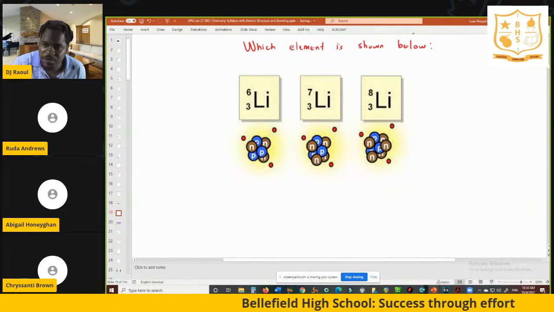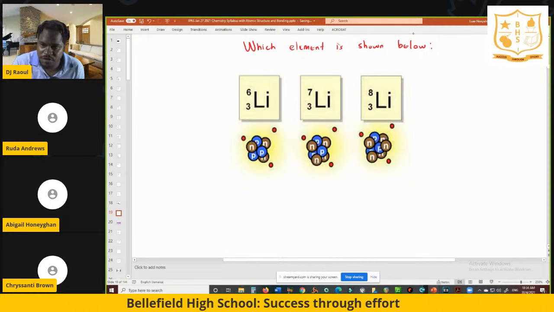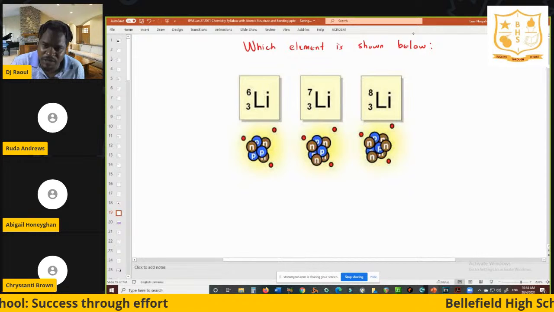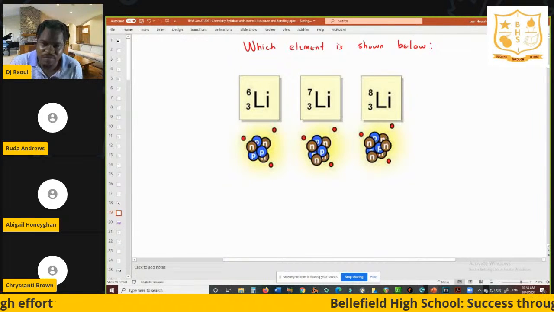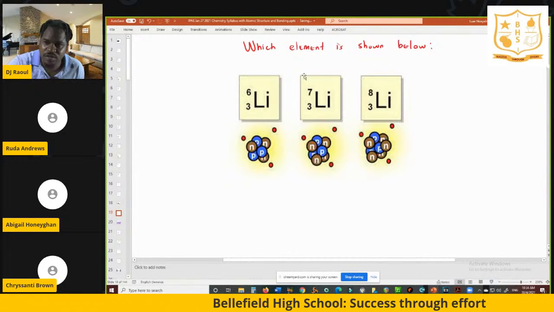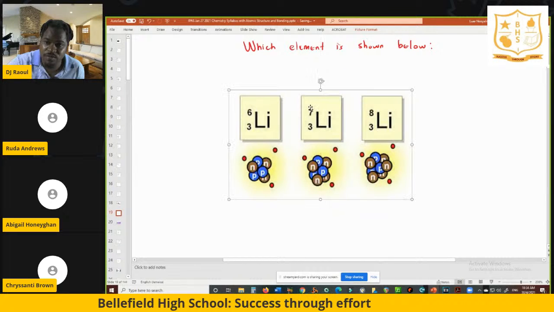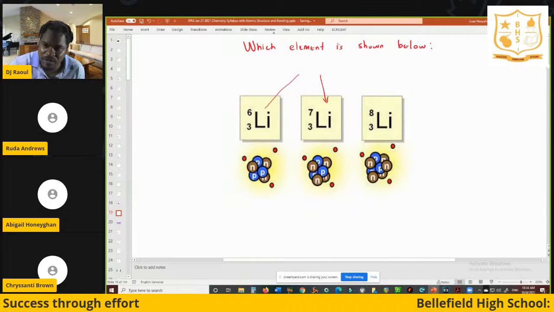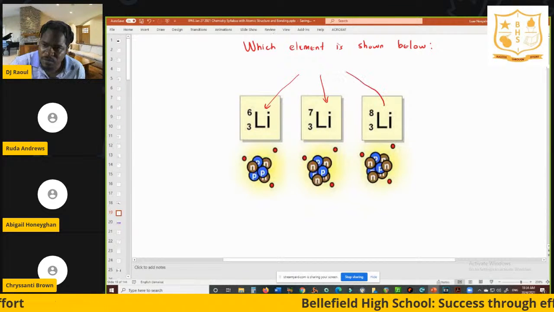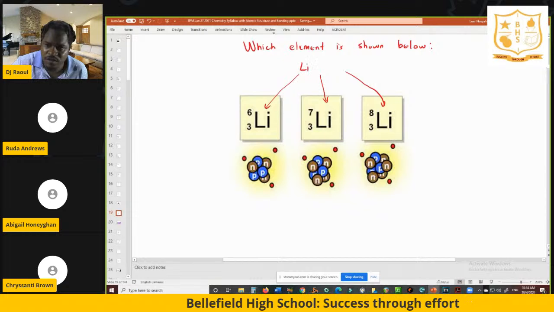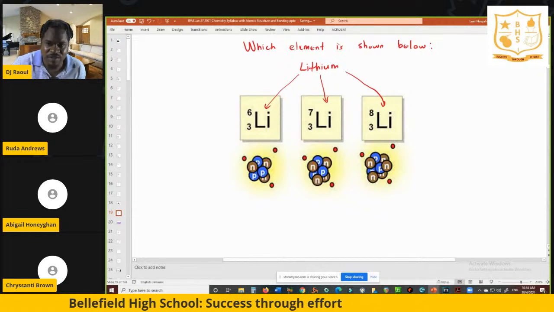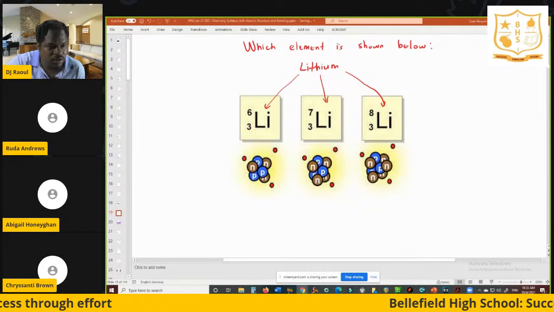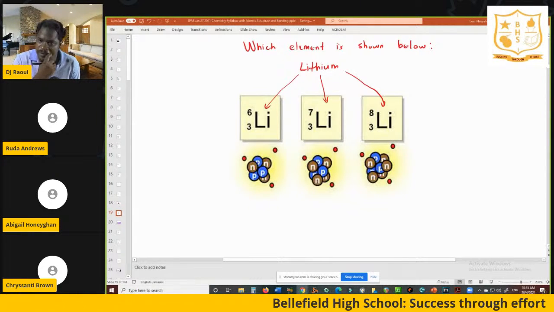Good to know you're still there, O'Neill. And what gives you the clue that it's lithium? The symbol, sir. Oh, the symbol of the element, which is one of the objectives that you should accomplish here. So the lithium element has the symbol Li.